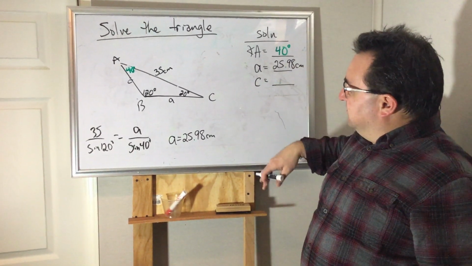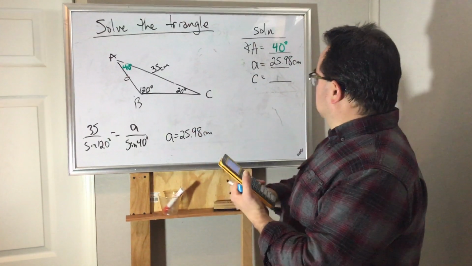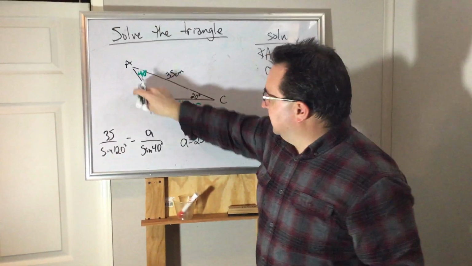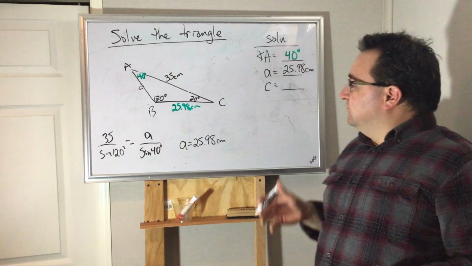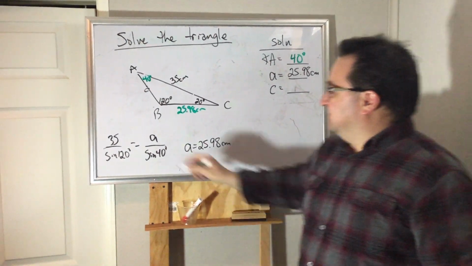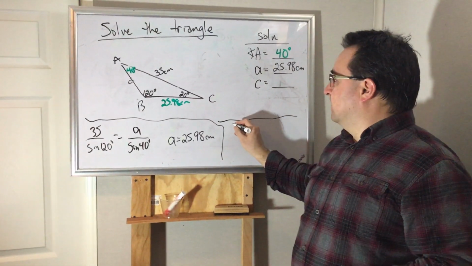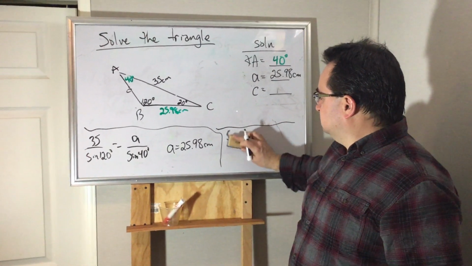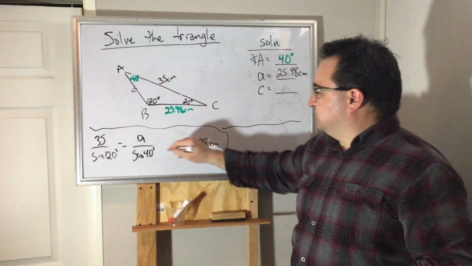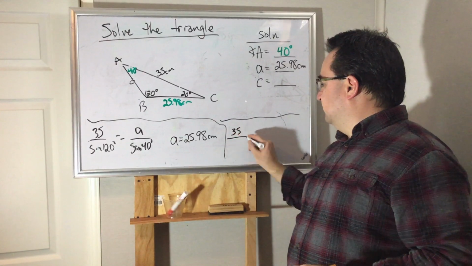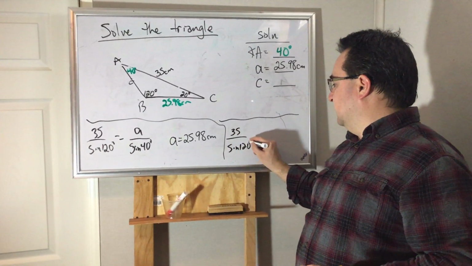All right, jumping back into the problem, I now know this, 25.98. So I have to find one more thing and I'm done. So we're going to use the law of sines again. So this was to get A, now we're going to get C. Let's start out with our known pair here, 35 over sine 120.